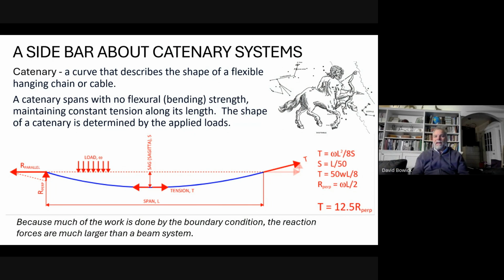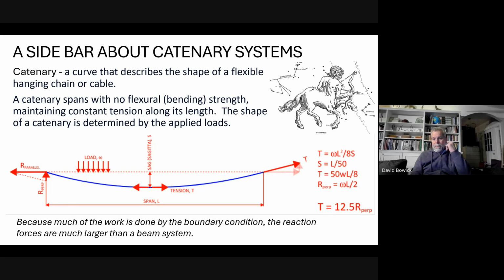Sag implies loose. When we think of something being saggy, it's something that's loose. But in fact, you can have an extremely rigid system with sag. So the edge cable in a tension fabric structure, for example, curves, therefore it has sag, because the sag is just the distance between the curve and the boundary points.